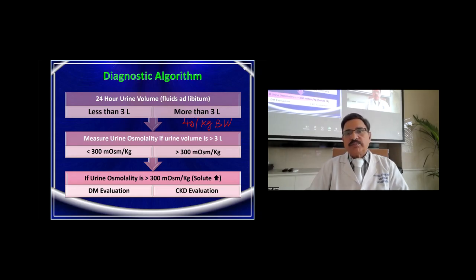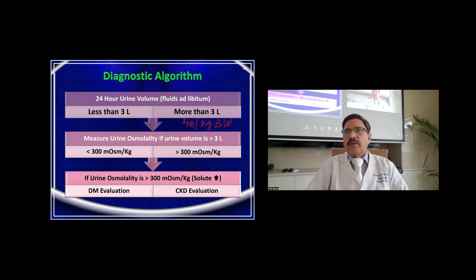How do I know? Next step is measure the urine osmolality. Osmolality is the concentration of the urine. It is equal to 2 times the sodium plus potassium, and that combined with the glucose, if it is there in the urine, divided by 18.